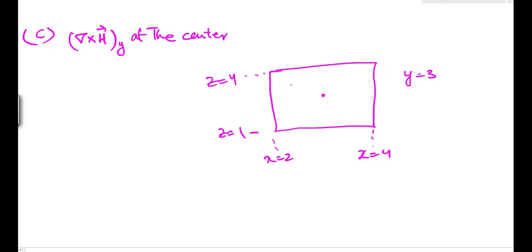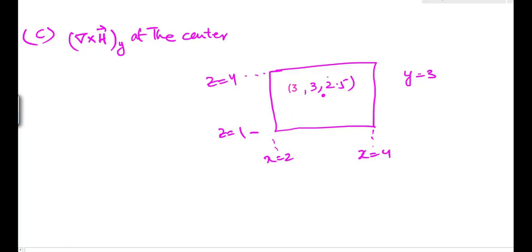I say that x will be equal to 3, y will be equal to again the same 3, and z will be equal to 2.5. So the coordinates of the center point will be this. This you have to determine yourself. How we obtain these coordinates from the given coordinates is very easy.